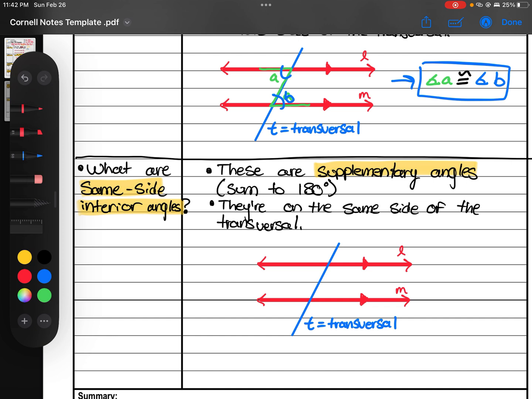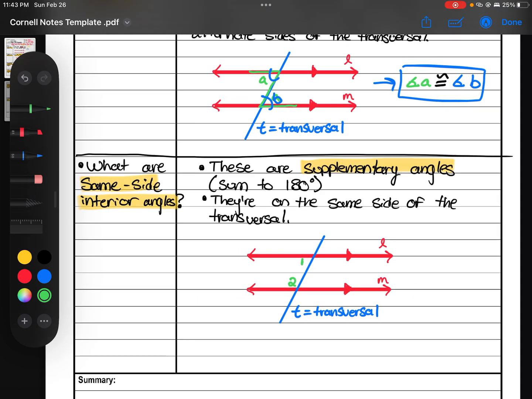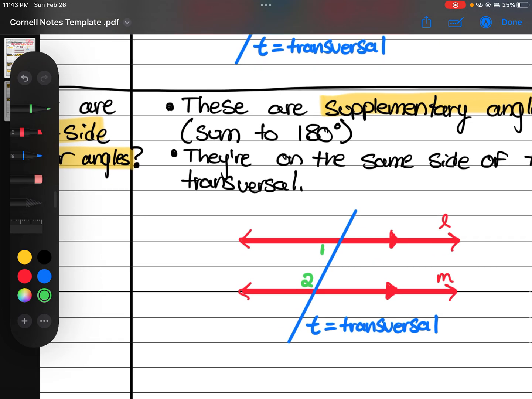So, let's see, if this is angle 1 and this is angle 2, those are going to be same side interior angles. How do I know that?